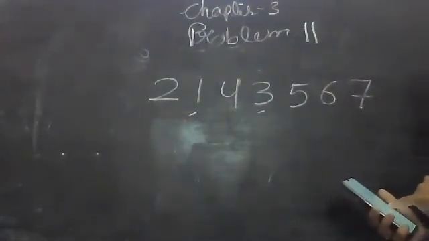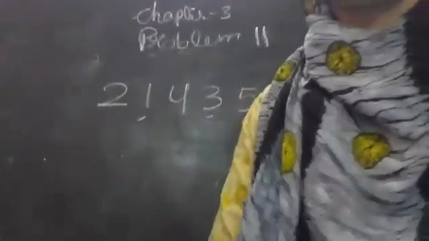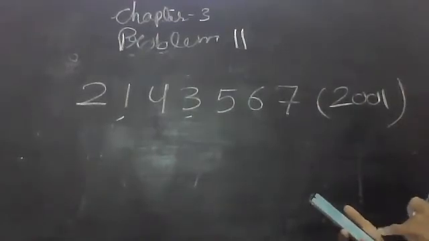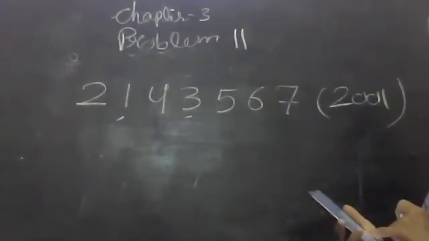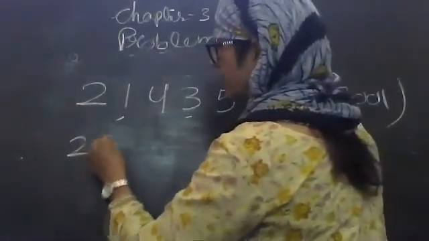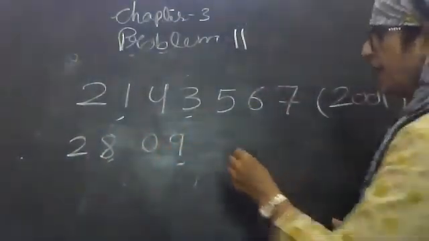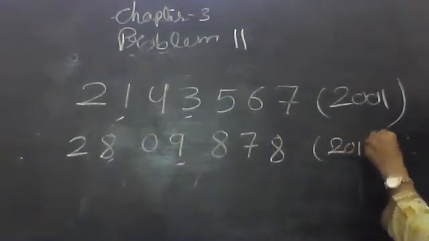In 2001, the population of a city was 21,43,567, and in 2011 it was 28,09,878. This is in the year 2011.